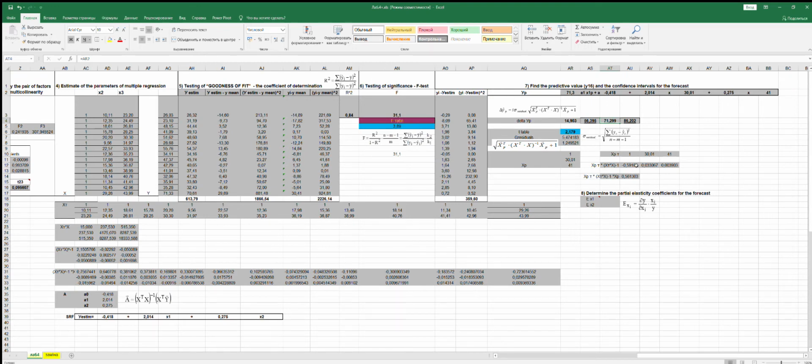Good. So the last task is to determine the partial elasticity coefficients for the forecast, and you should underline that we talk only about the forecast, or predicted value of y and of our independent variables.